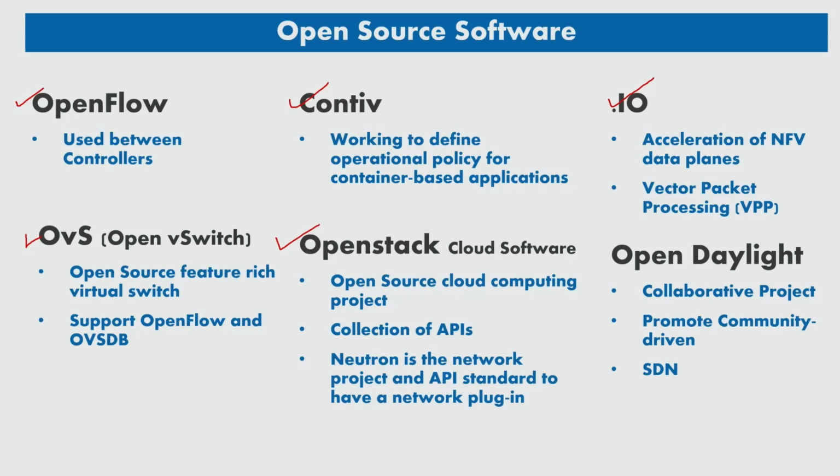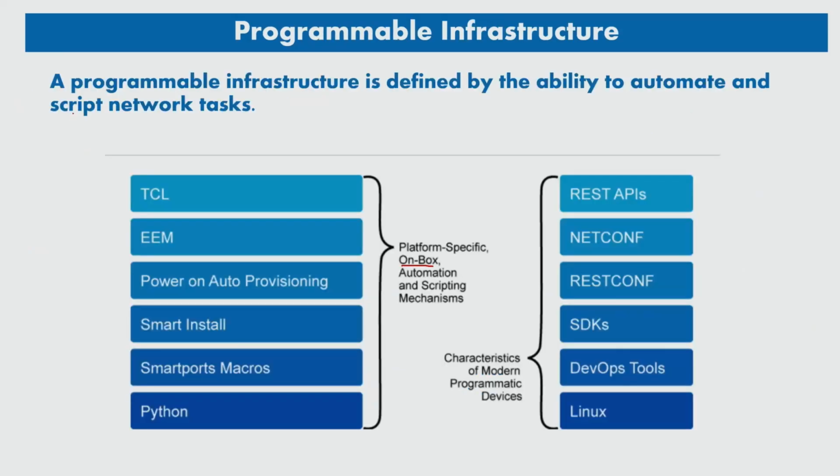It also allows developers to quickly create a variety of packet processing systems with different forwarding graphs. And the last one is OpenDaylight, which is a collaborative initiative that aims to promote and organize SDN adoption through a community-driven approach.